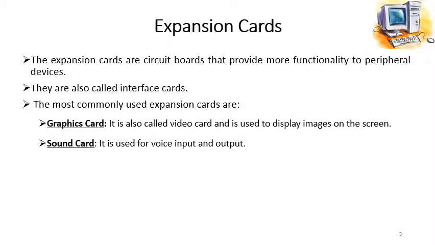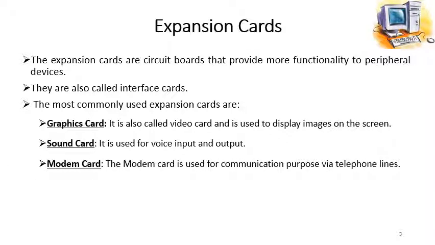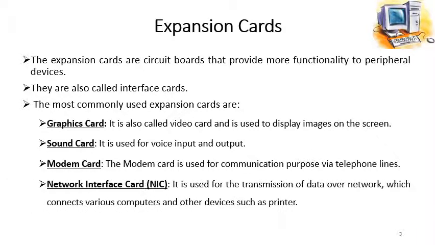Second, sound card. It is used for voice input and output. Modem card. The modem card is used for communication via telephone lines. This is the modem card which enables our computer to connect with the network or to connect with the internet through telephone lines. And the second network component, that is network interface card.